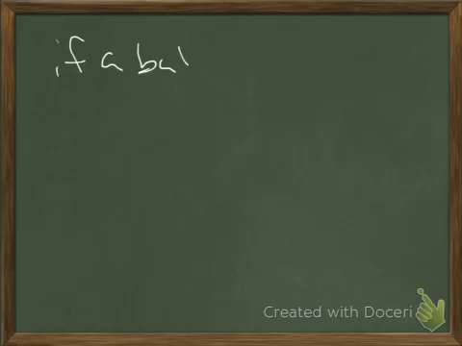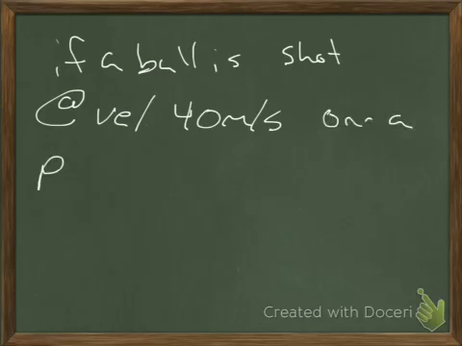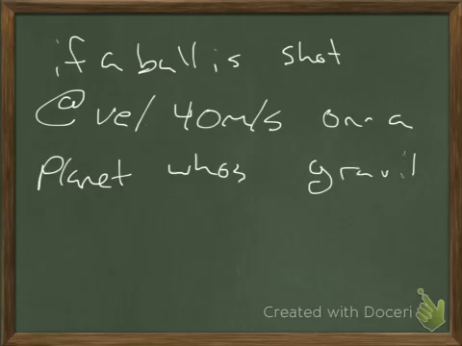If a ball is shot, we're going to say it's shot from a cannon at velocity 40 meters per second on a planet whose gravity is 8 meters per second squared.